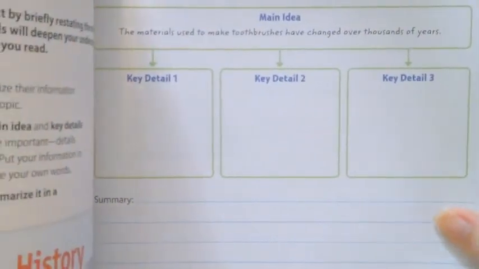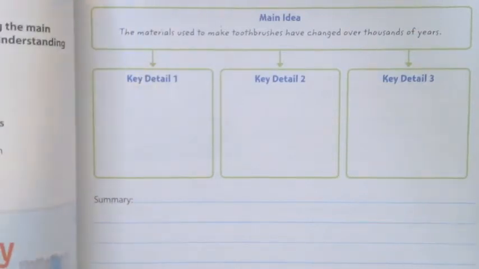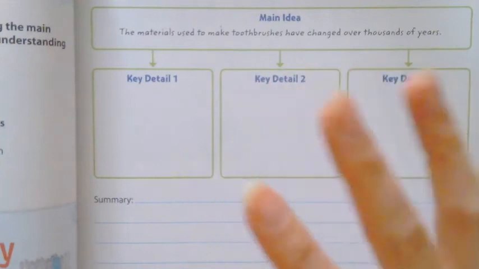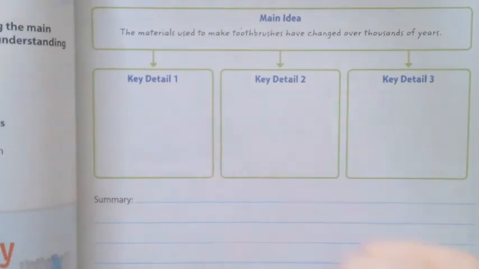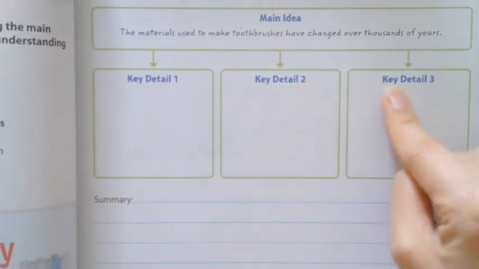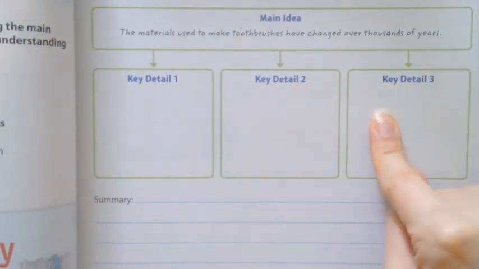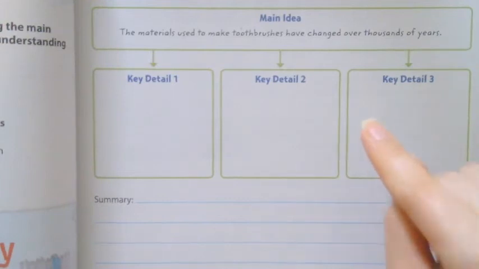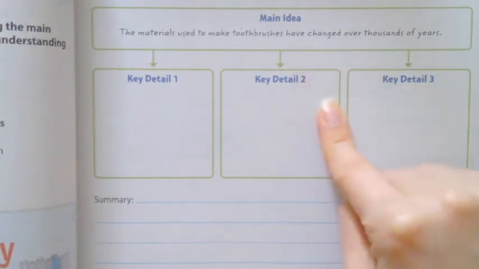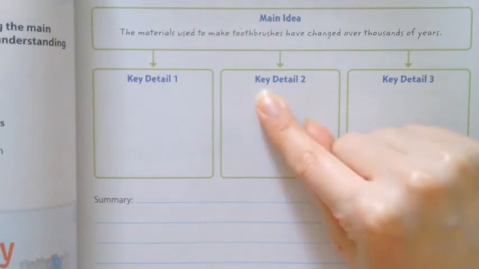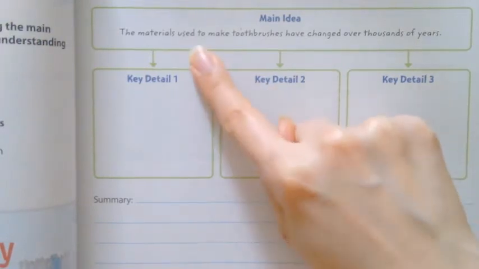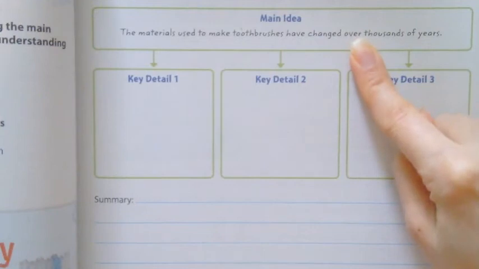All of the information that you have to write a paragraph, a summary, is all included in your graphic organizer. Main idea, you got it. Key detail 1, you got it. Key detail 2 and 3, you are going to look for. And again, you're looking to see how you can add information that is key, important, essential, vital, that supports your main idea.